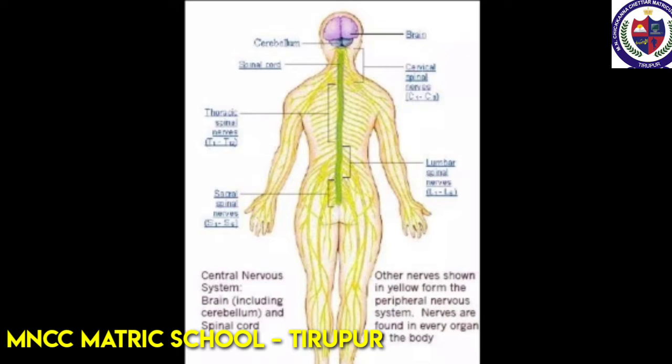To provide the correct response to a stimulus, it is necessary that all the organs work together in a proper coordinated manner. This working together of various organs in a systemic, controlled and efficient way to produce proper response to various stimuli is called coordination.